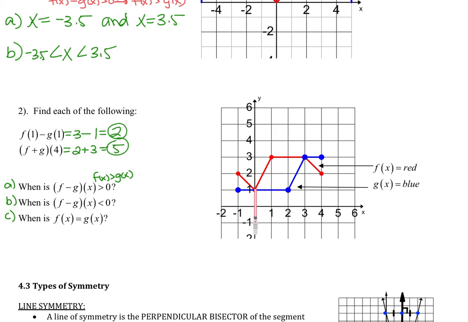So -1 to 0. I'm going to include -1 on this one because f of x is still greater than g of x at -1. And then less than 0. And then from 0 to 3.